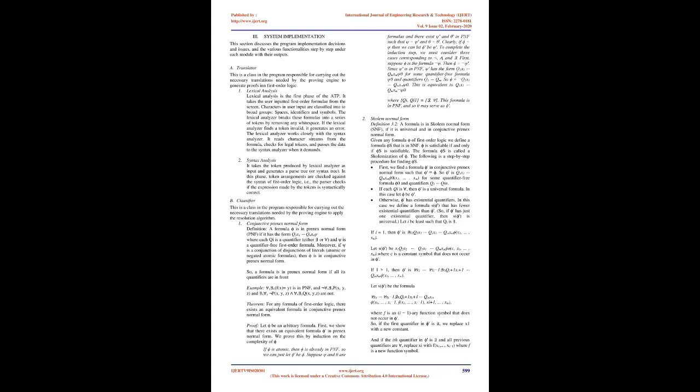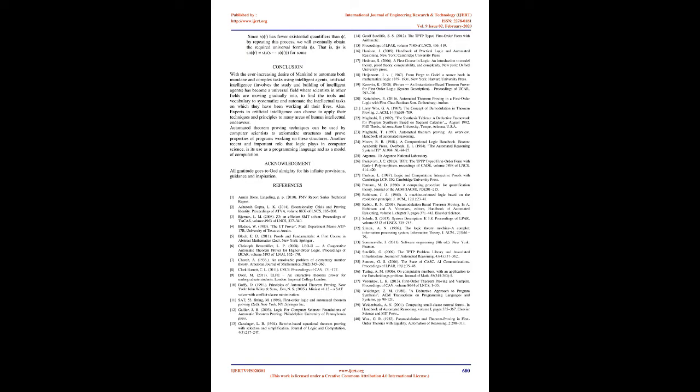So, a formula is in prenex normal form if all its quantifiers are in front. Example: ∀y∃x f(x) = y is in PNF, and the other formulas, where quantifiers are not all in front, are not.